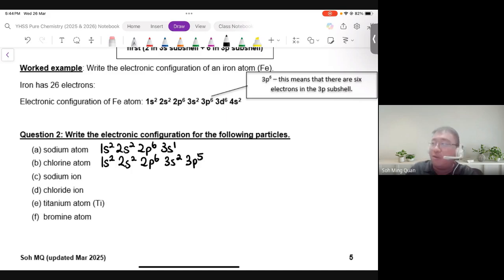Let me give you a while longer to work on the 2 ions before going to titanium. Once you have gotten the atoms correct for sodium and chlorine, you should be able to work out the ions quite quickly if you remember how the ions are formed from the atoms.